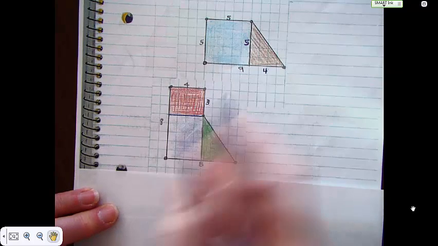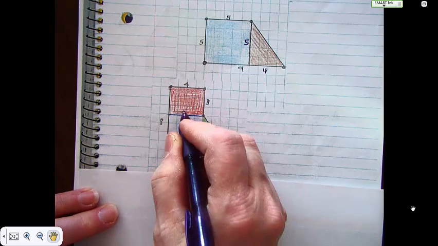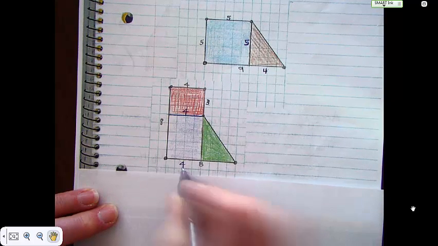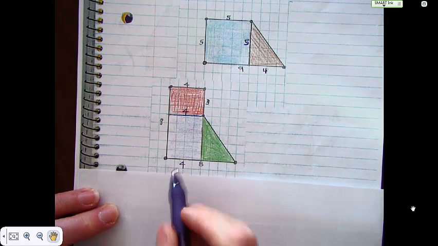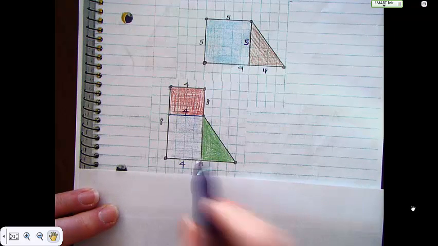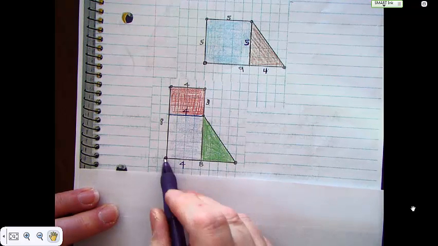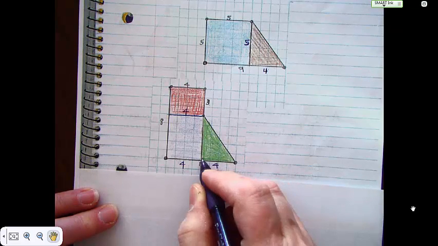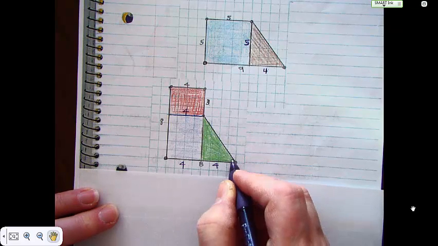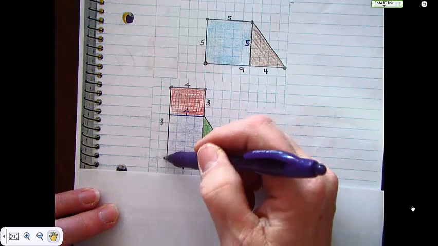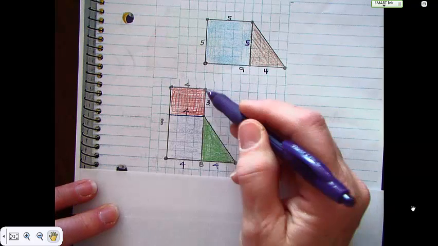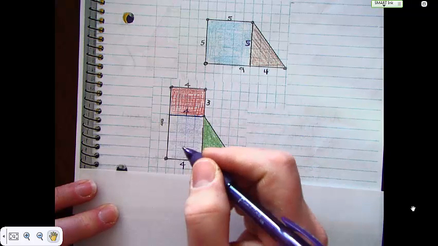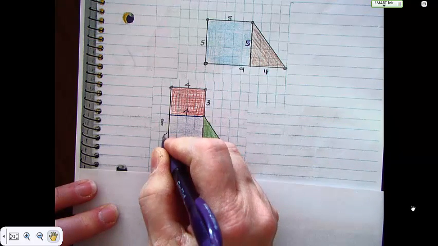If this is 4, then that means that this must also be 4, which makes this 4, which is a cool thing, because if we know that from here to here is 4, then we know that if this whole thing is 8, that from here to here in this triangle is also 4. If we know this whole thing is 8, and we know this is 3, then 8 minus 3 makes this 5.